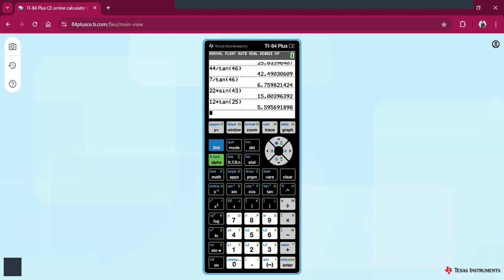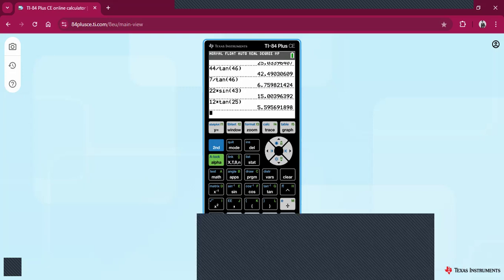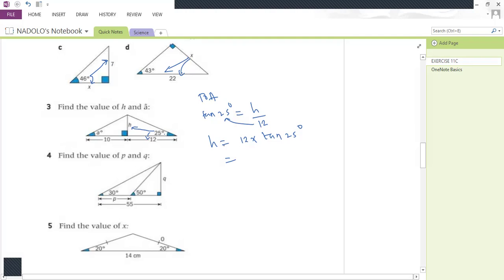You can write the answer to many significant figures, but for the sake of accuracy in the next question, because it depends on it, you can use the whole figure, or you can write three significant figures, which is 5.60.